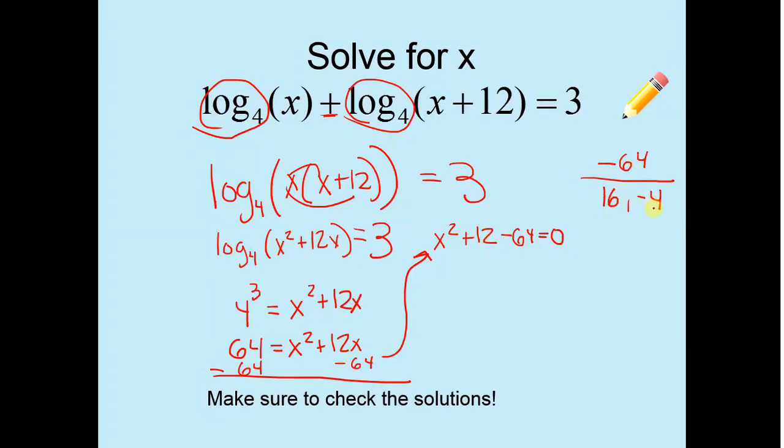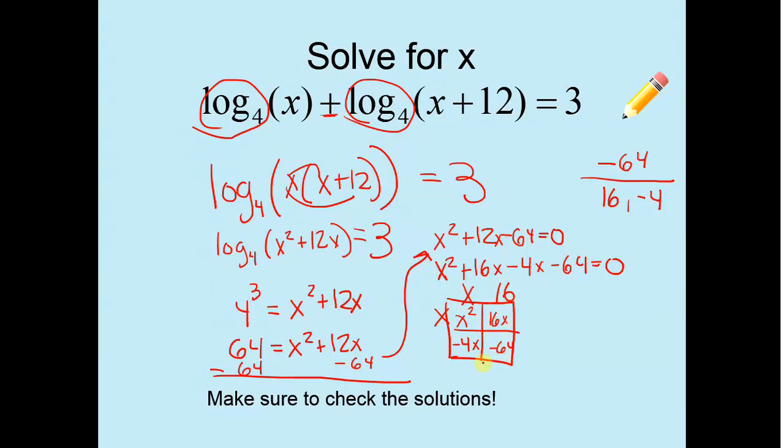So I got 16 and negative 4, so I'm going to rewrite here. x squared plus 16x minus 4x minus 64 equals 0. Let's box this guy. There we go. We got x going this way, an x going that way, 16 going that way, and a negative 4 going that way.